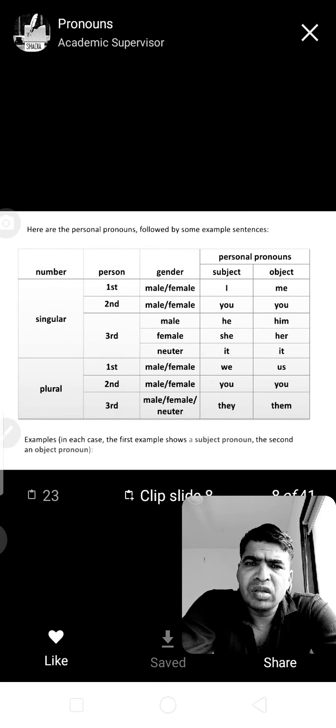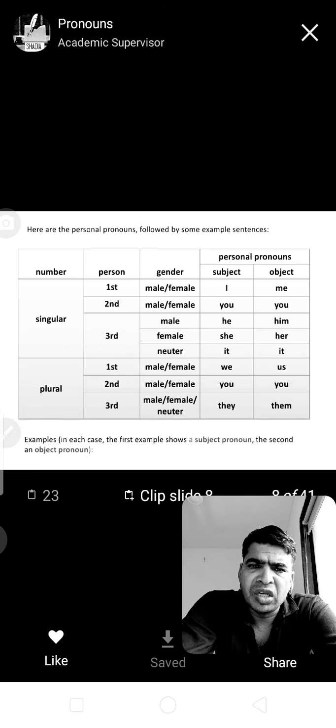Here are the personal pronouns followed by some example sentences. Number, singular, first person, gender male or female, personal pronouns are I and me. Second person, male or female, subject you and object is also you. Third person, male, we have he and the object is him.